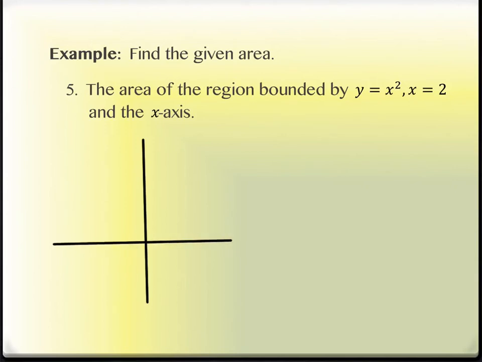If you were sketching this graph, you'd get something like this. Agree? Okay. So the graph itself, let me use a blue. So this is y equals x squared. I need the line at x equals 2. Is x equals 2 a vertical line or a horizontal line?